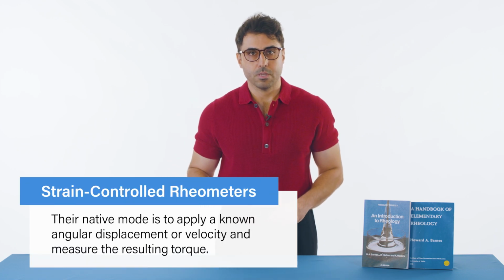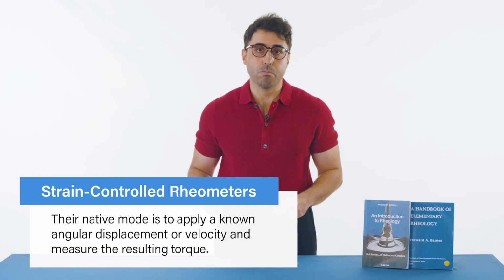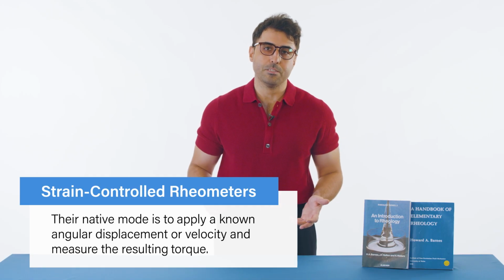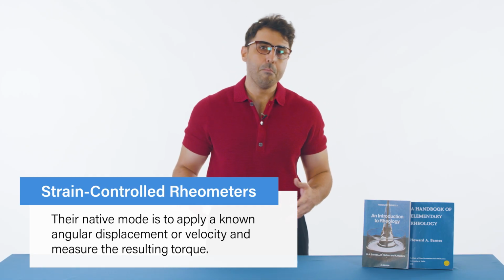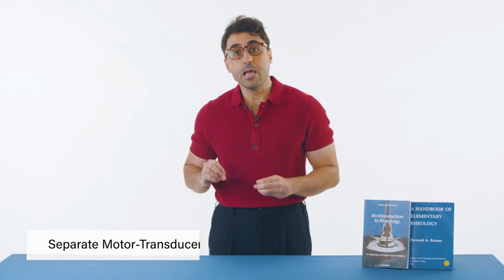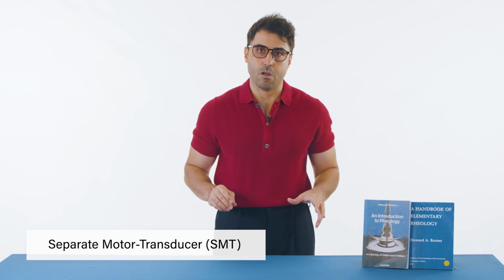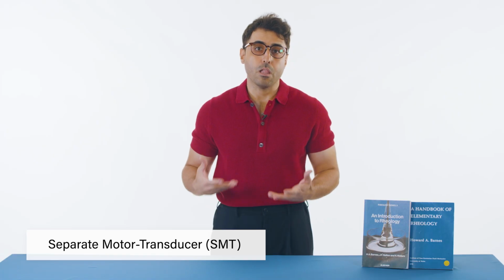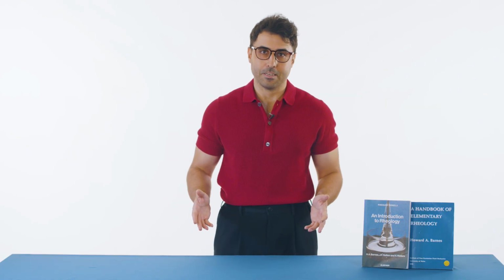Strain-controlled rheometers, their native mode is to apply a known angular displacement or velocity and measure the resulting torque. It features a separate motor and transducer configuration, which allows for ultra-precise control and measurement by isolating the actuation from the sensing.